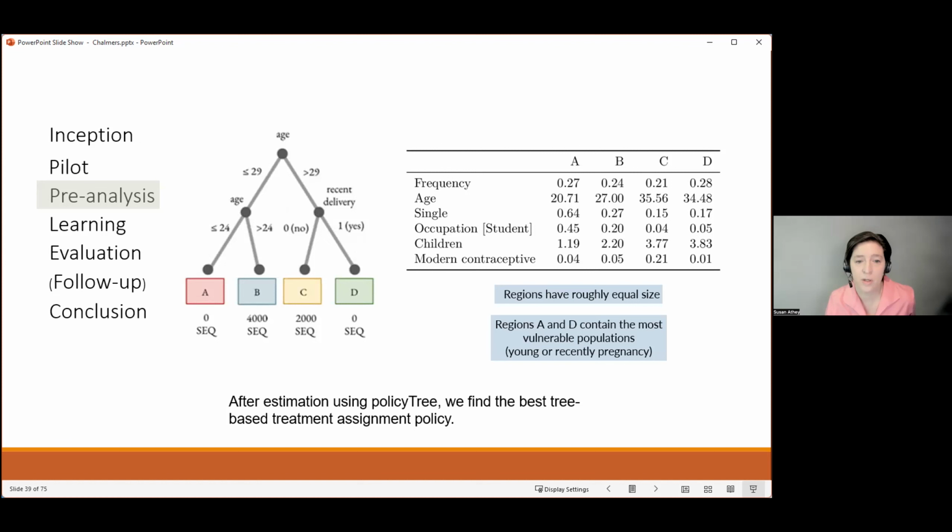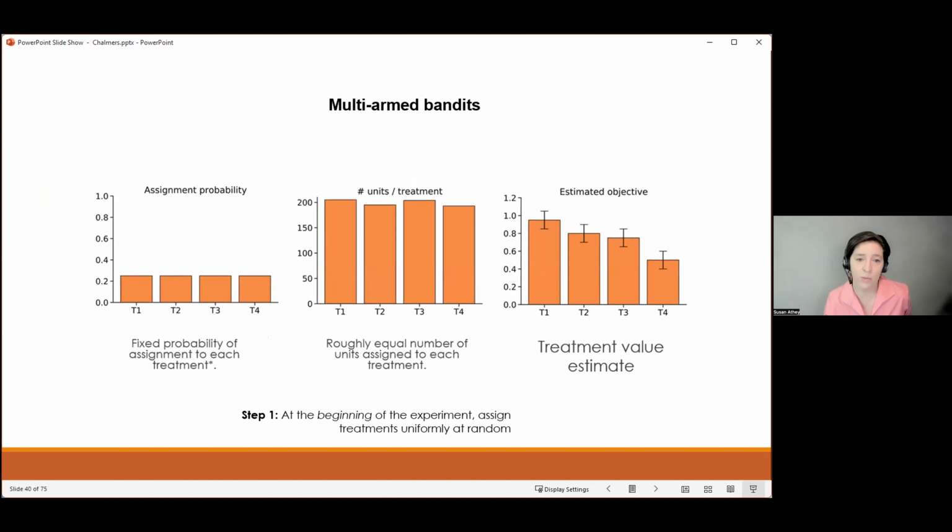So we then go out and run what's called a multi-arm bandit. And so in the first stage, we had this pure random assignment probability. So all the different arms would have similar treatment assignments. This is hypothetical. I'm just showing with 4 arms, but we have more in practice.